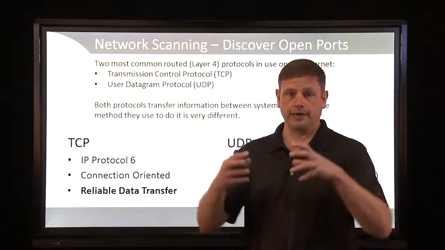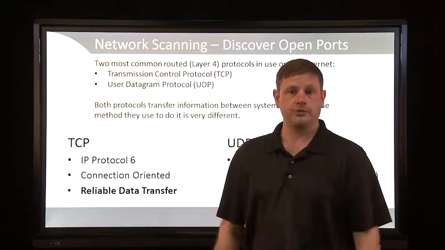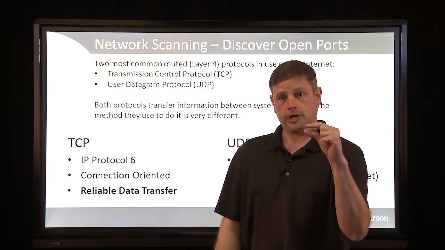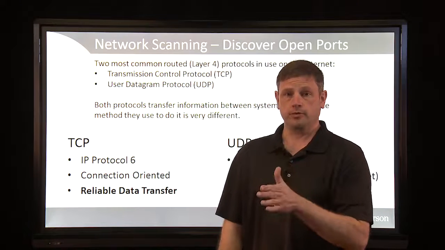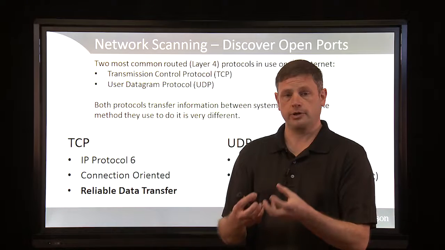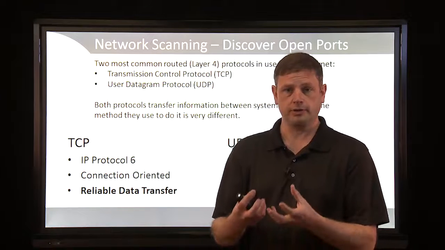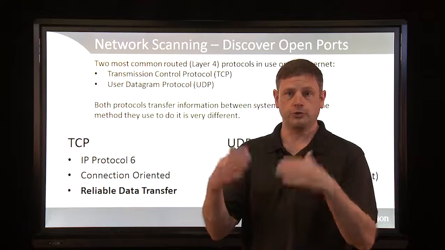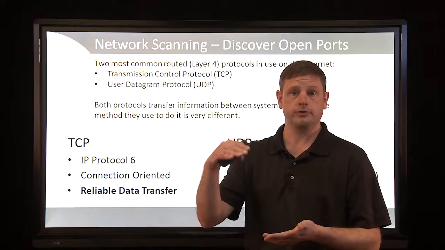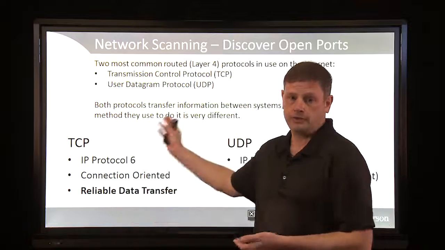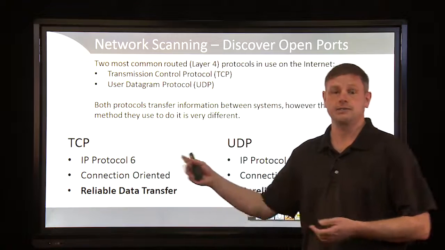As you are encapsulating data as you go up the stack, you have the IP protocol happening at layer 3. IP protocol will have a number. That number tells the operating system that's receiving this particular piece of information how to interpret the data. So IP protocol 6 tells us that the layer 4 information should be interpreted as a TCP segment.